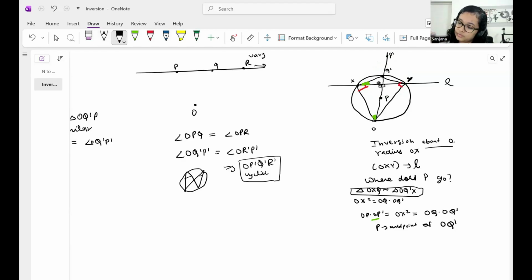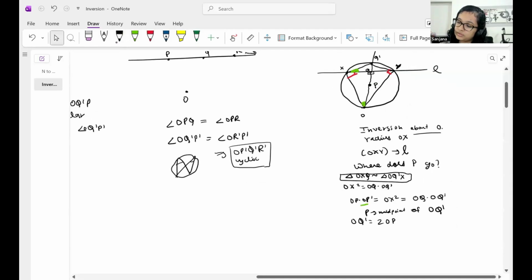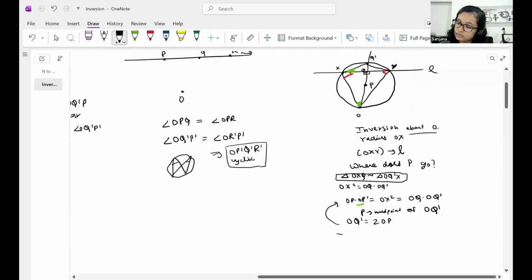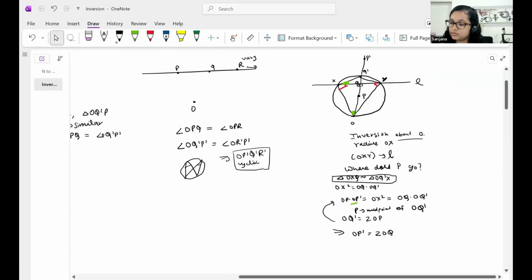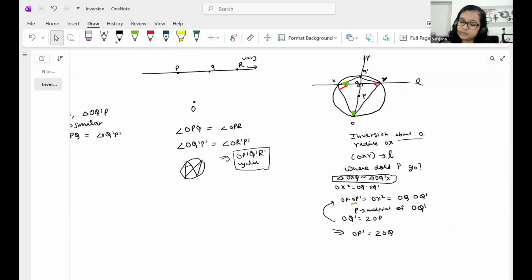And we have OQ dash is equal to 2OP. So plugging it into this, what we get is OP dash is equal to 2OQ. So P dash is the reflection of O over Q, because this implies this.